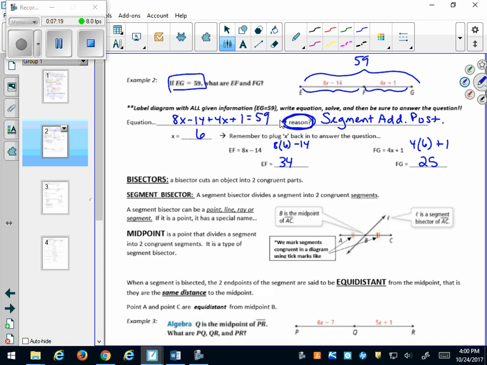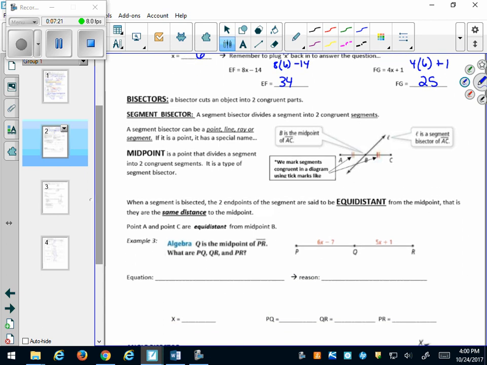Okay, so bisectors. A bisector is basically, to bisect something means to cut something not just into two pieces, but into two actually exactly equal pieces or congruent pieces. So a bisector cuts an object into two congruent parts. It's really important to understand that it's congruent parts.